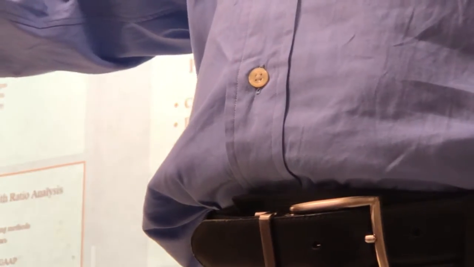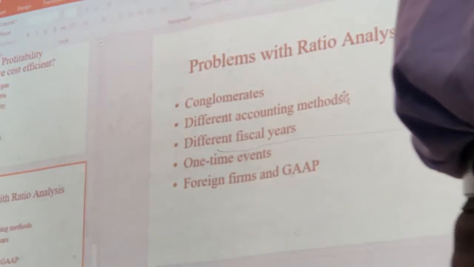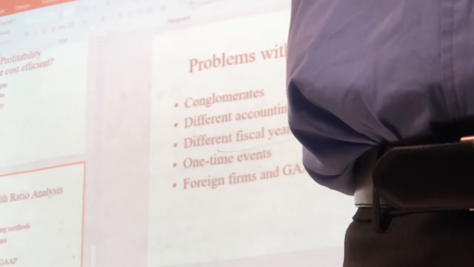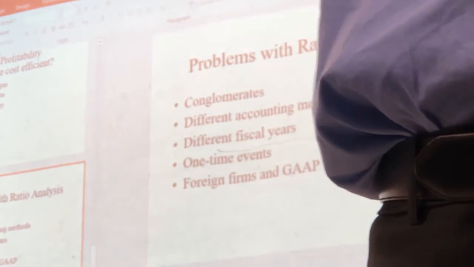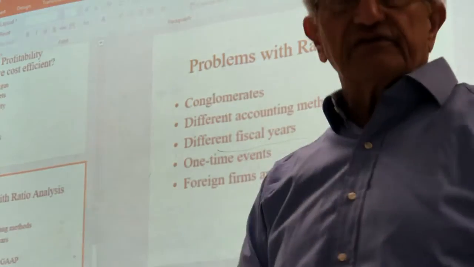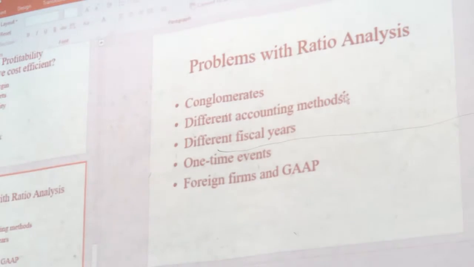So you cannot just compare a foreign company's numbers to a U.S. company's numbers, because they originate from statements prepared following different conventions and rules. These are 5 limitations of ratio analysis.